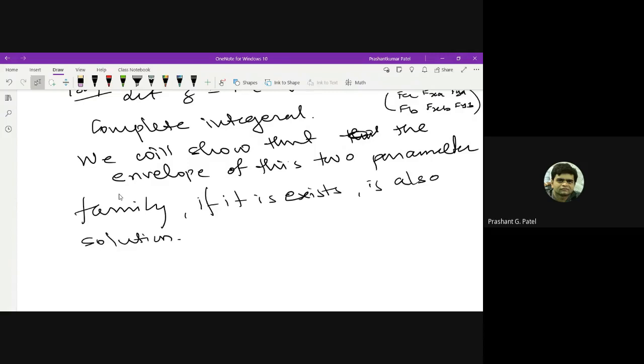That is our objective. That means by eliminating a and b from this, whatever equation we get satisfies the original equation we have.